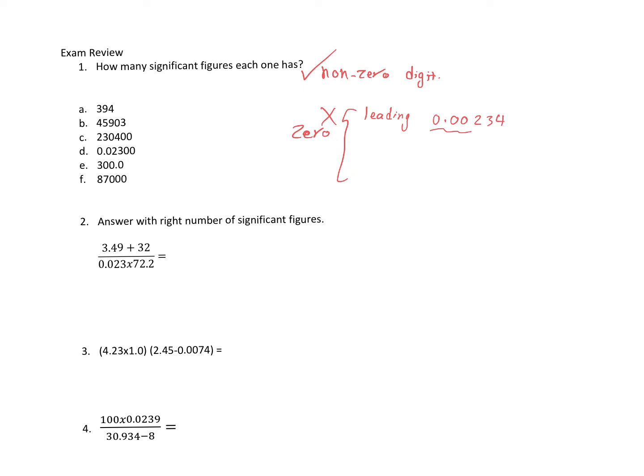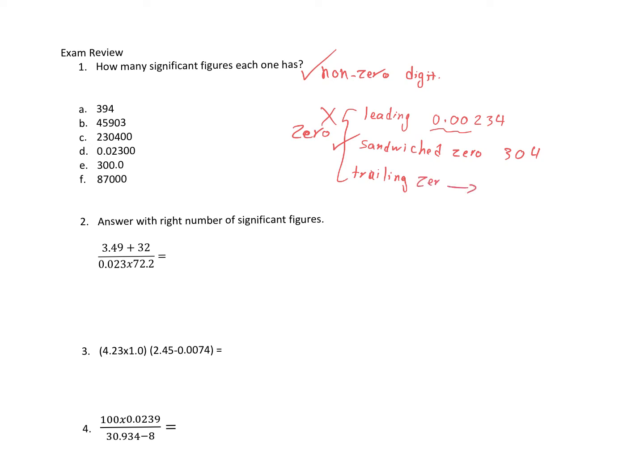If it's a sandwich zero, it is a significant figure, like 304, the zero between two non-zero digits. If it's a trailing zero, it depends.